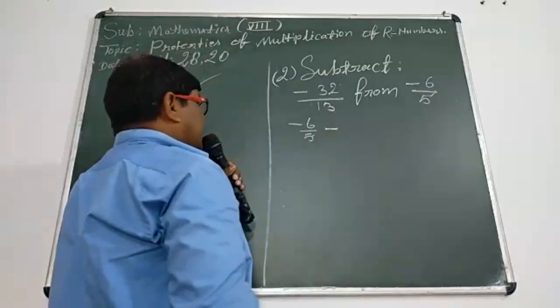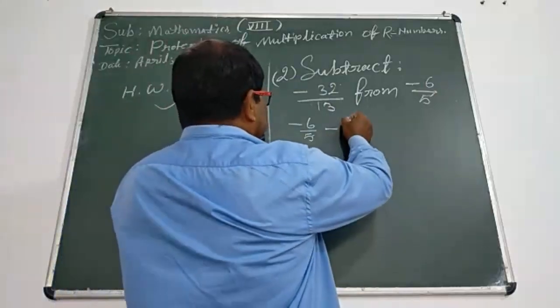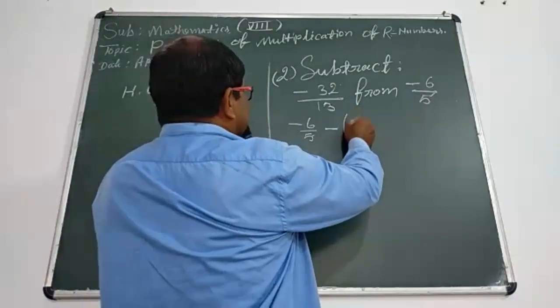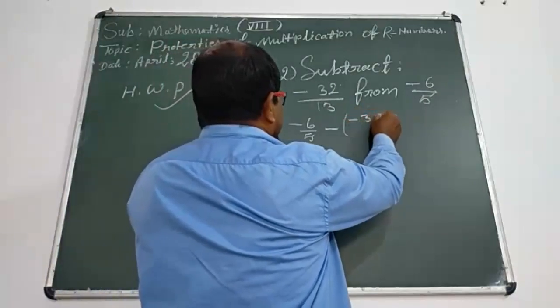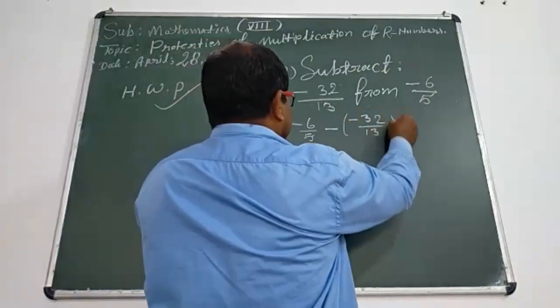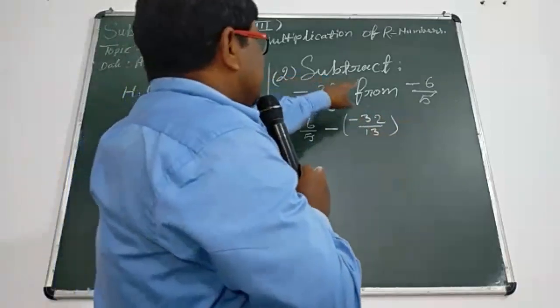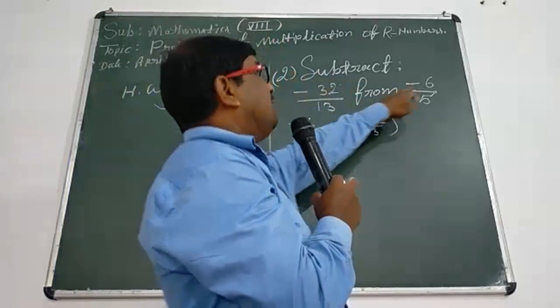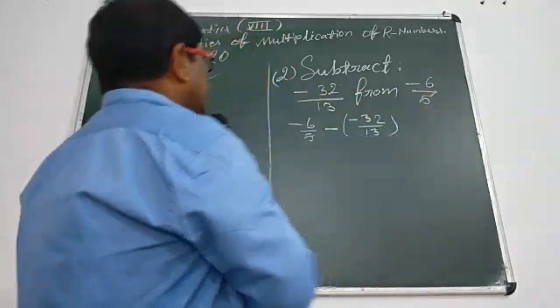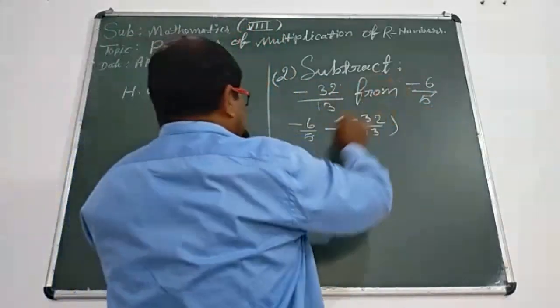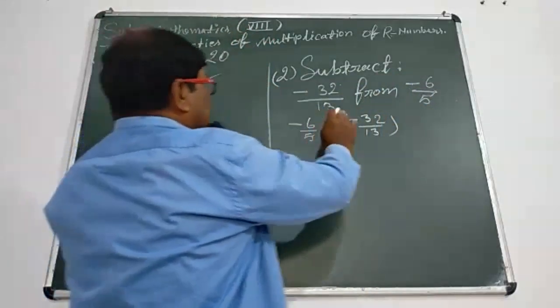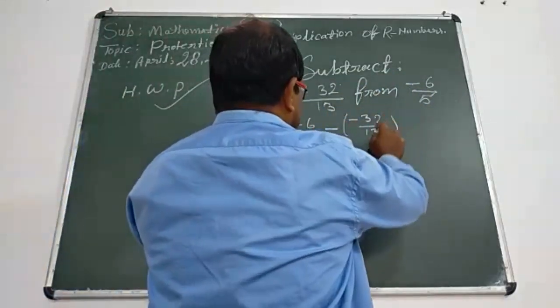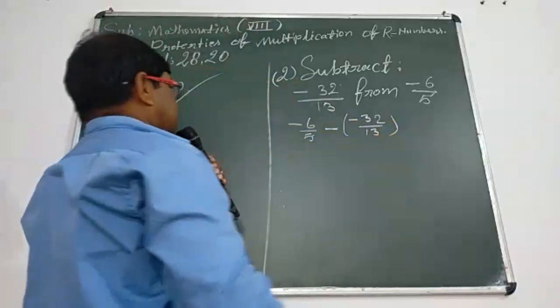So minus, and your rational is minus 32 upon 13. Okay, mind, subtract minus 32 upon 13 from minus 6 upon 5. You will write then minus 6 upon 5 minus minus 32 upon 13.